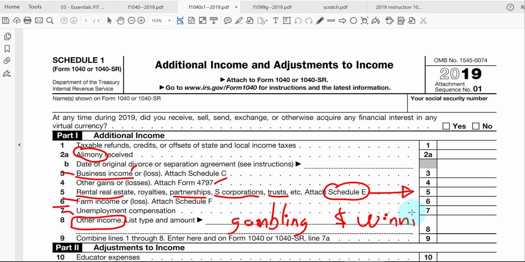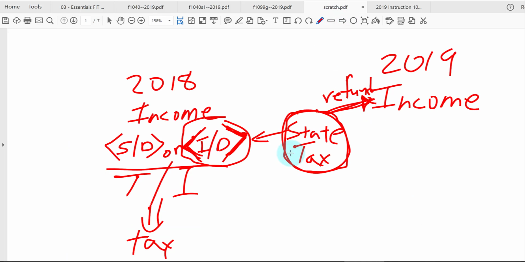The losses can be deducted, but not here offsetting the winnings. To deduct gambling losses, you have to claim itemized deductions, which is a topic for chapters 5 and 6 later on. And if you claim itemized deductions, that means you're not claiming the standard deduction that we're learning in the first few chapters of our semester.